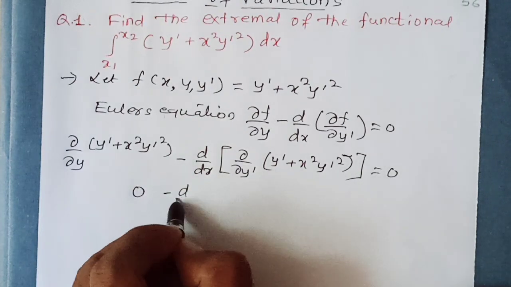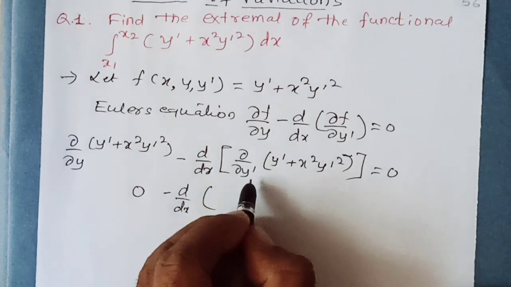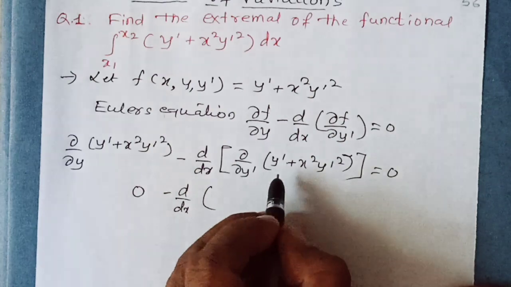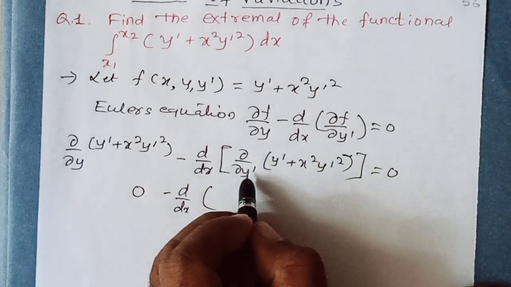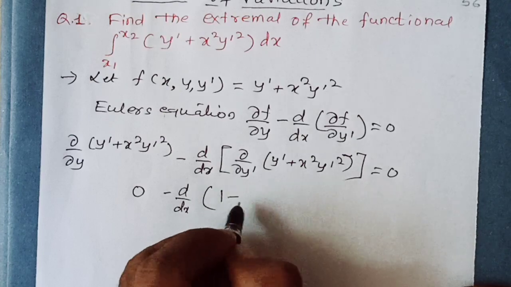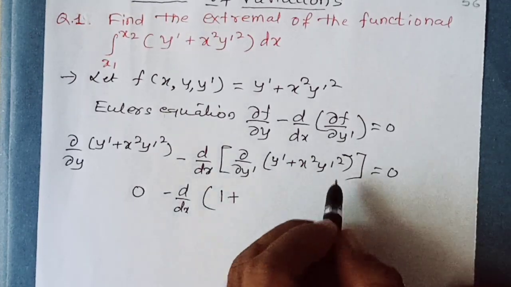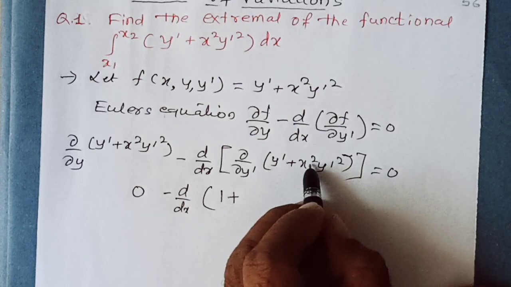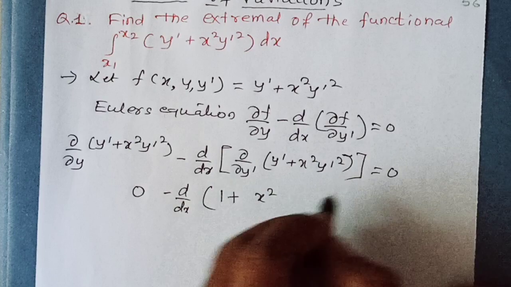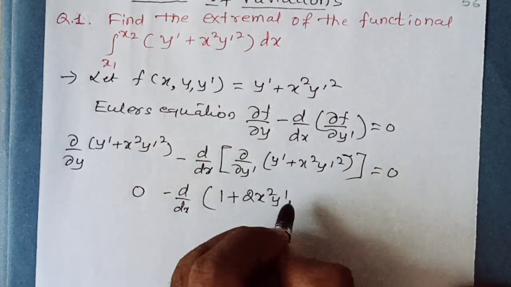Next, d by dx of dou by dou y dash. With respect to y dash, dou by dou y dash of y dash is 1, plus x square is constant and the derivative of y dash square is 2 y dash.